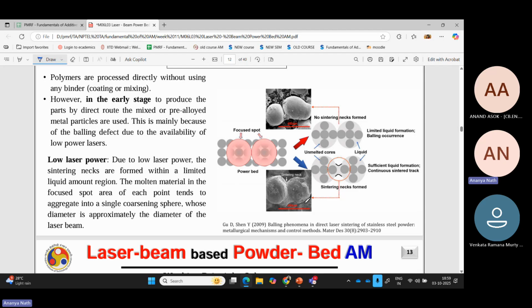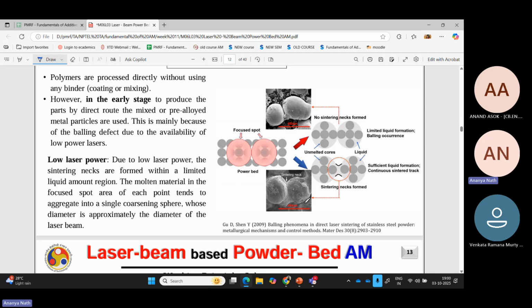The probability of getting porosity in the sintered part is more, because the particles are sintered together, not melted, so there can be porosity in between the powder particles. And strength-wise also, the melted part will give you better strength.